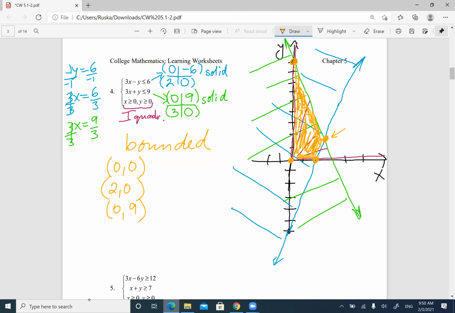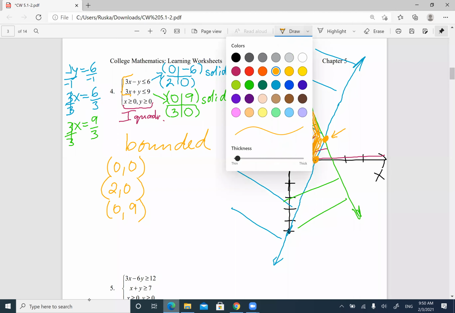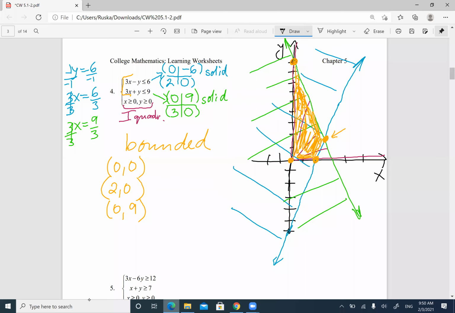Now, this point is the intersection between these 2 lines, right? So what you need to do is solve this system of equations to find the common solution. In order to find this point, I have to solve the system: 3x minus y equals 6 and 3x plus y equals 9.